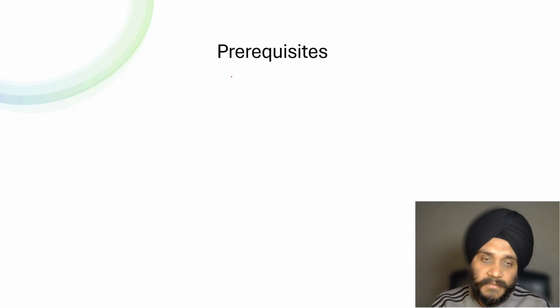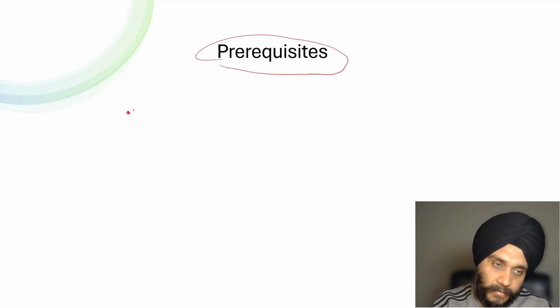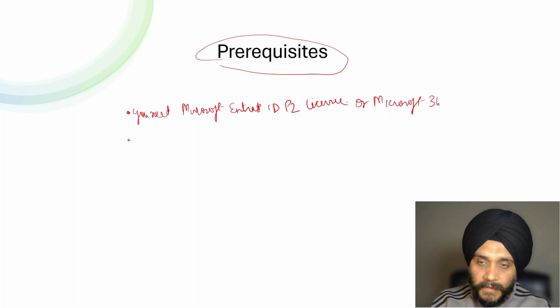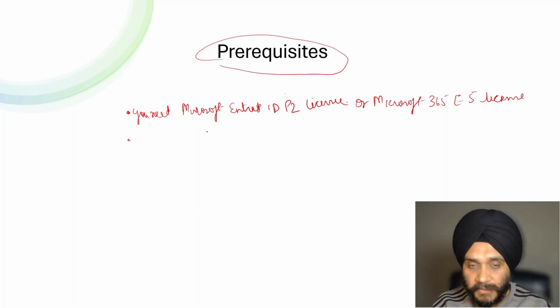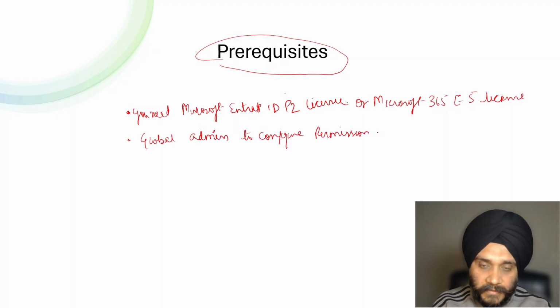Before we configure notifications, let's talk about prerequisites. The first thing is you need either a Microsoft Entra ID P2 license or a Microsoft 365 E5 license. If you have either one, you can deploy Identity Protection. You also need the Global Administrator or Security Administrator role to open the Identity Protection dashboard.